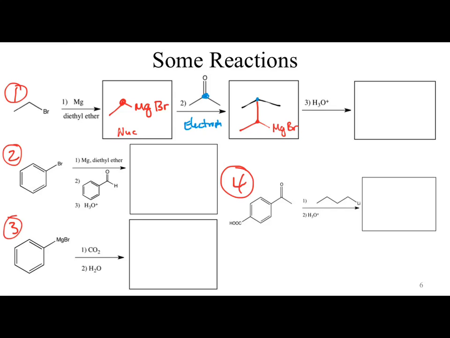Where did the carbon get its electrons? From that bond. So carbon took those electrons to make our new bond between our nucleophile and our electrophile. If it took those electrons, what happens to the bond between the magnesium and the carbon? That's a big eraser. It's no longer there.